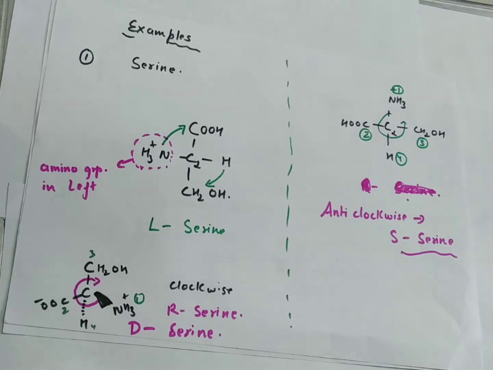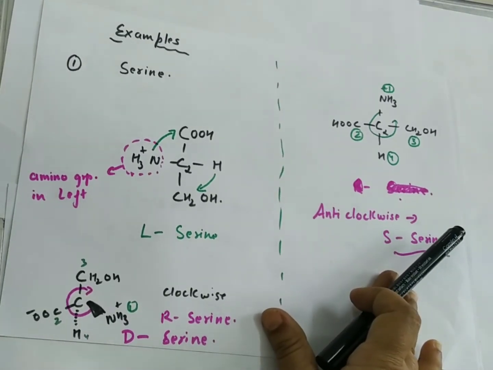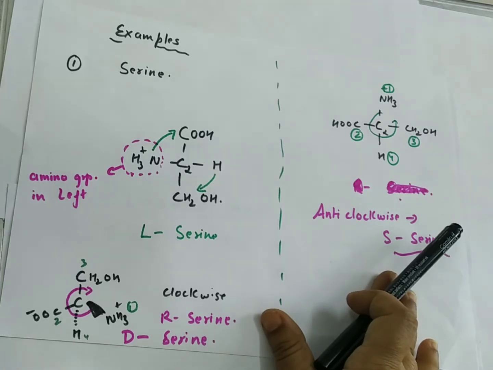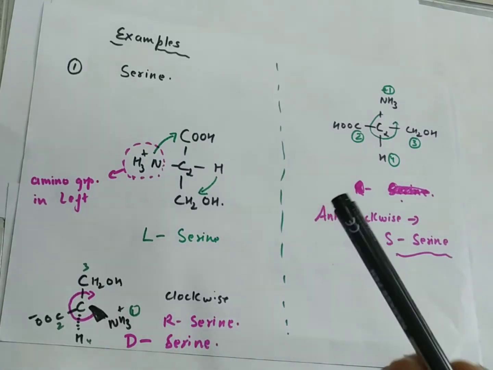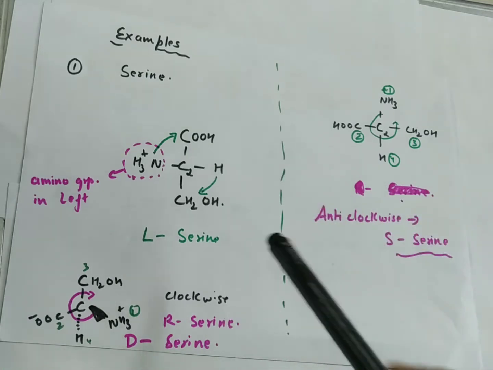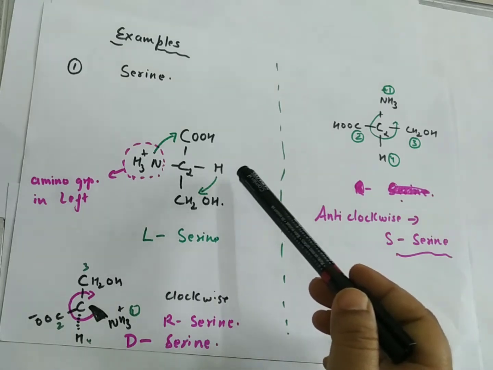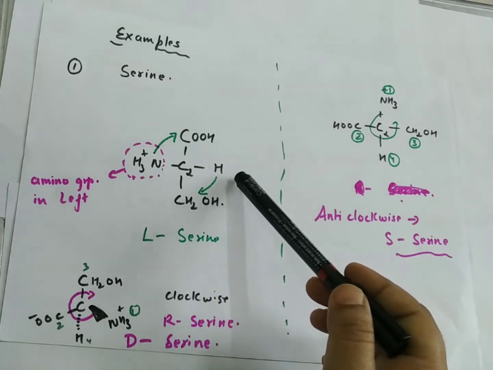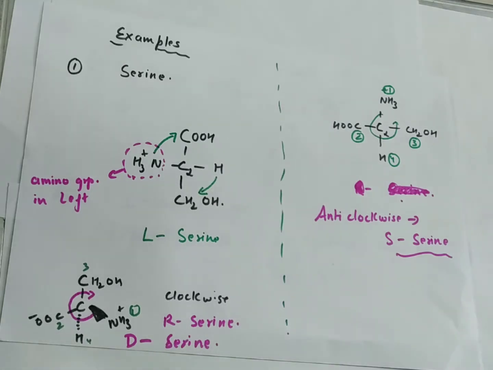How will we proceed? While doing the R and S system, we have to see a configuration in which H is away from the viewer.